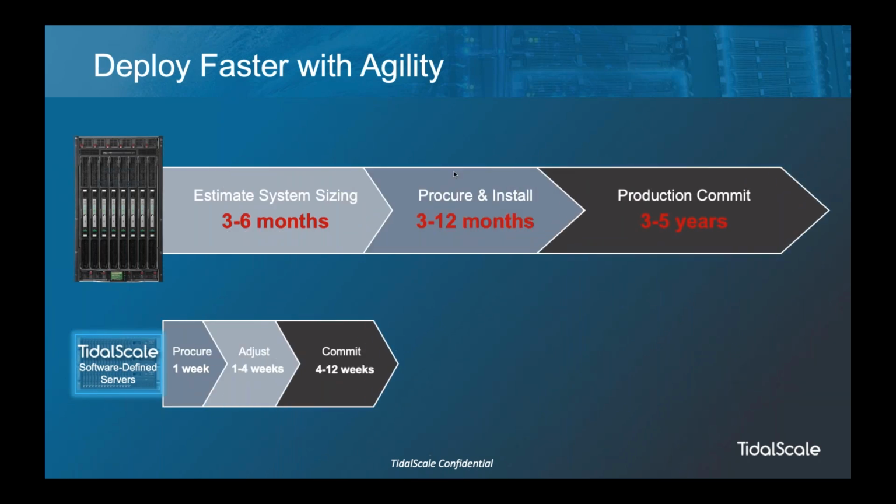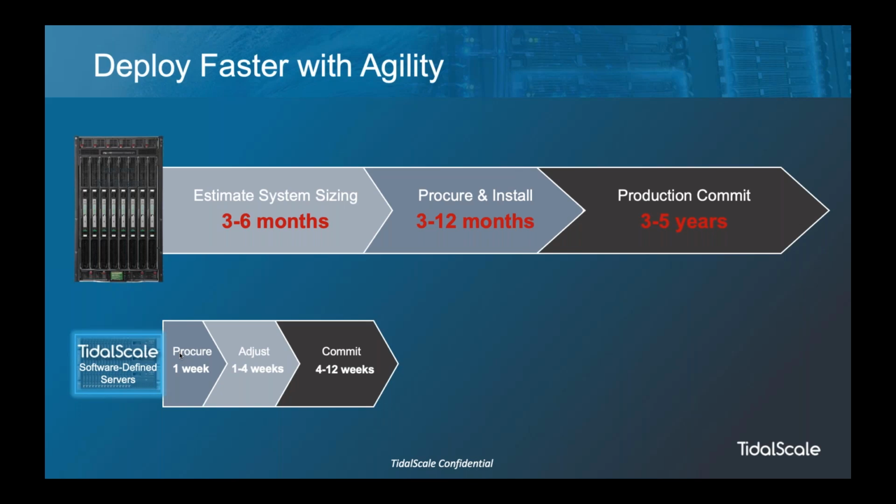Once you buy that server, you're stuck 3 to 5 years. You're going to have that thing for a very long time. So you better not make a mistake. Meanwhile, down below, with TidalScale, you can go out, get a commodity x86 server, take a node size to start with, and you can begin your implementation. You can monitor that, see if you need more or less.